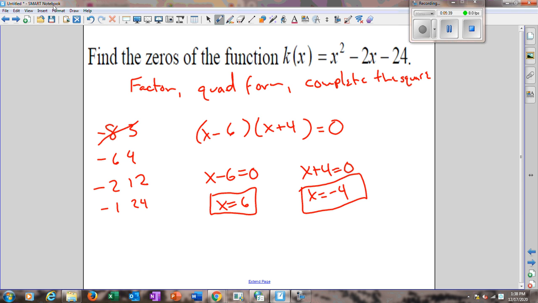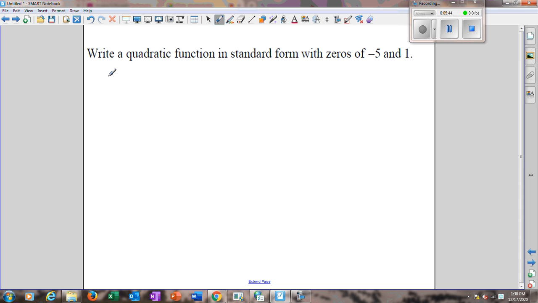All right, on to the next one. Write a quadratic function in standard form with zeros of negative 5 and 1. So if I'm doing this, it's kind of like working backwards from what I just did. So it's like I start with x equals negative 5 and x equals 1.